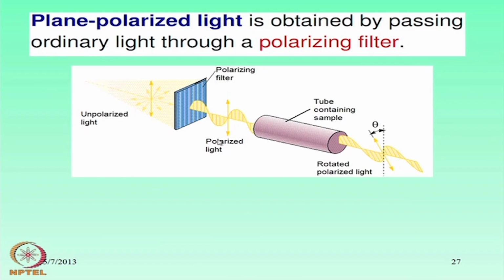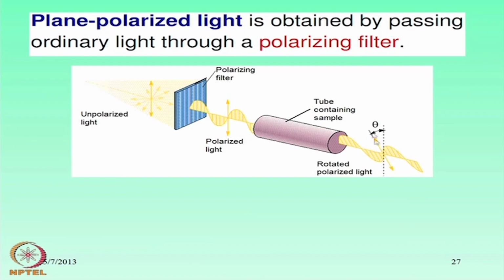So we get polarized light, and when this polarized light is passed through the sample, the optically active sample kept inside the tube, then when the light comes out, there is an analyzer that monitors how much movement has taken place with respect to the light entering the solution.